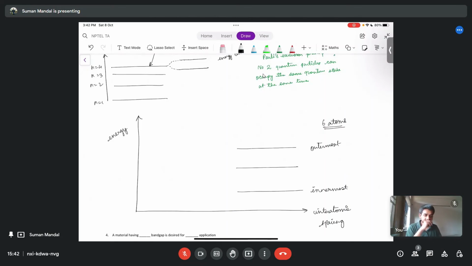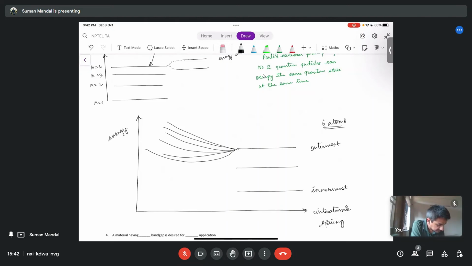Then each of the energy levels will split into 6 discrete energy levels to accommodate the 6 atoms which were initially having the same quantum numbers. It will have something like this: 1, 2, 3, 4, 5, 6, divided into distinct energy levels.